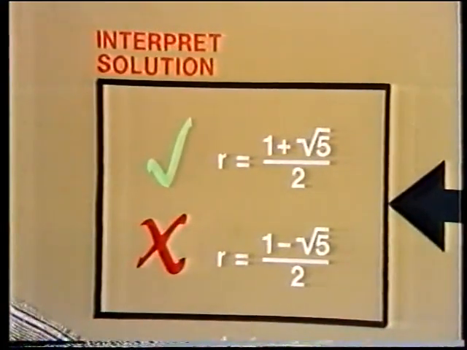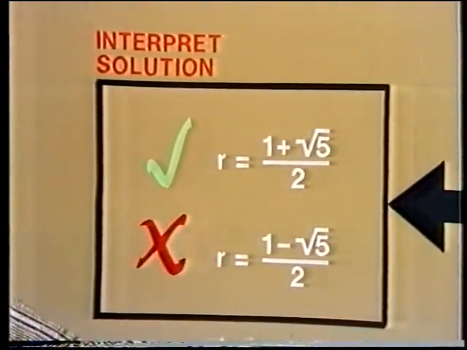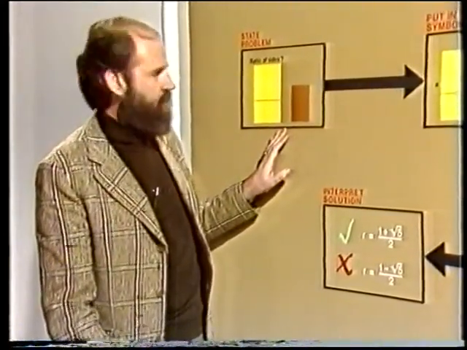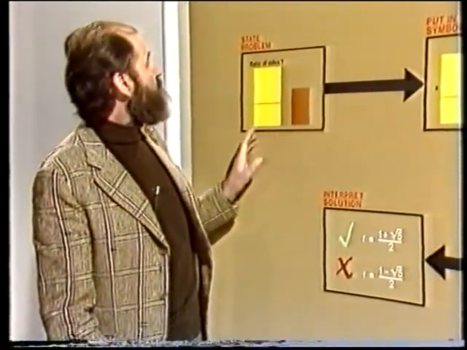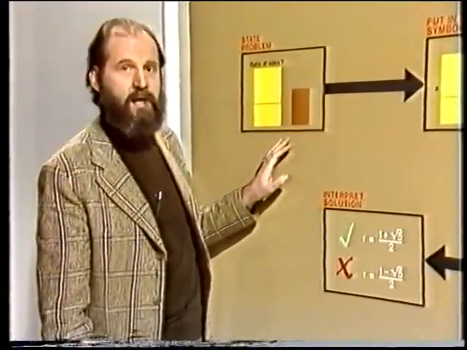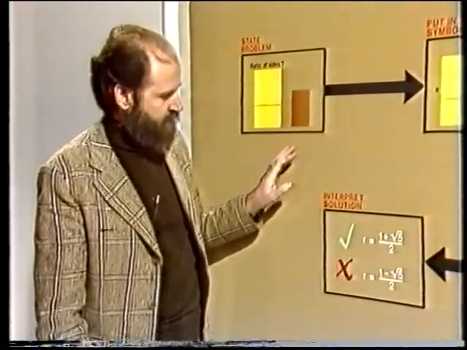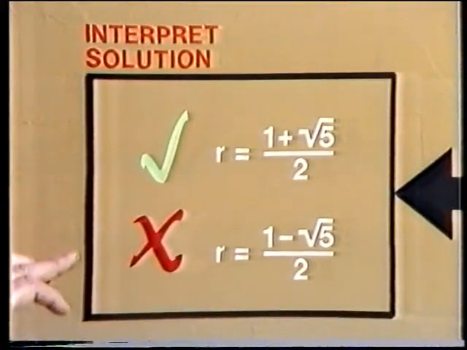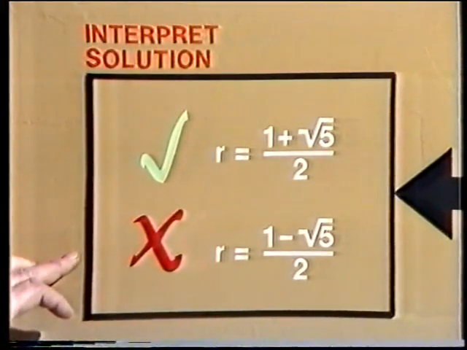And finally, the last important stage, to reinterpret the roots of that equation in terms of the original problem. Now, the original problem is a ratio of size, and so therefore the answer must be positive. And so the positive number is acceptable as a solution, but we've got to reject the negative one.